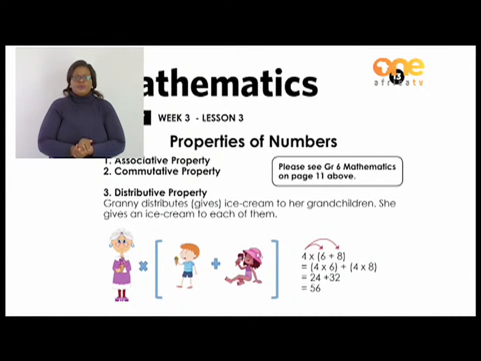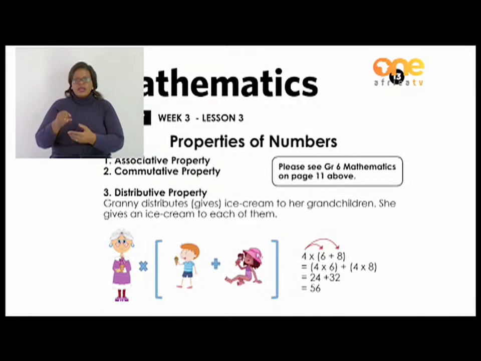So in a mathematical way, that can also be explained using that example, which is 4 times (6 plus 8), and in that manner 6 plus 8 can also be inside the brackets. So to distribute 4 to those numbers inside the brackets, you can expand and say 4 times 6 and 4 times 8 until you get to the answer.